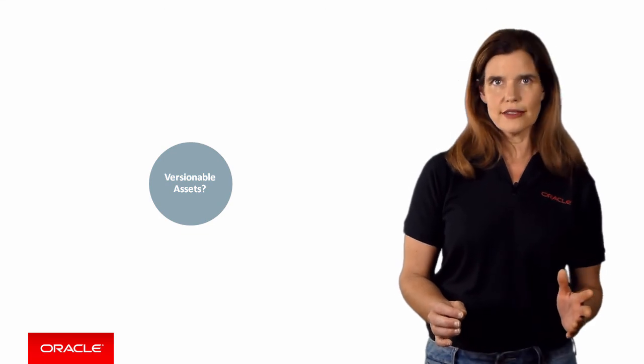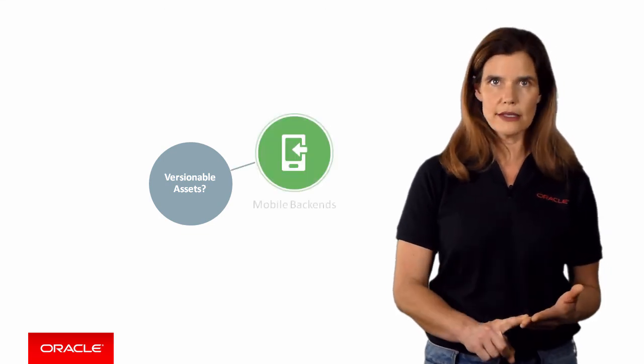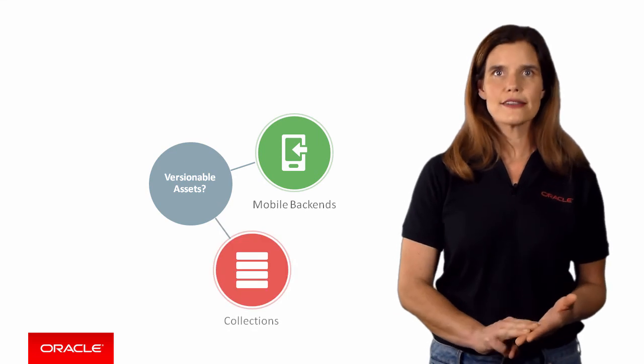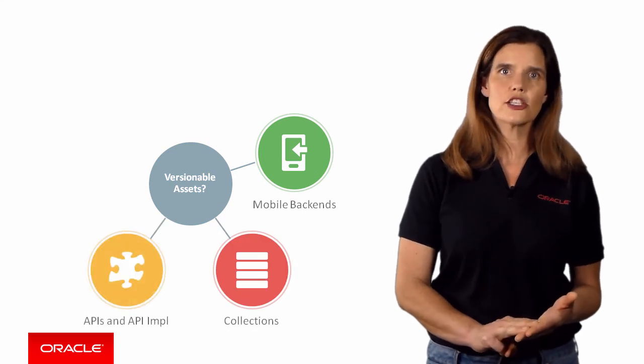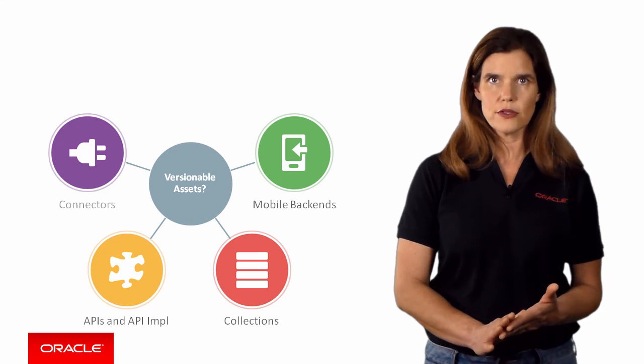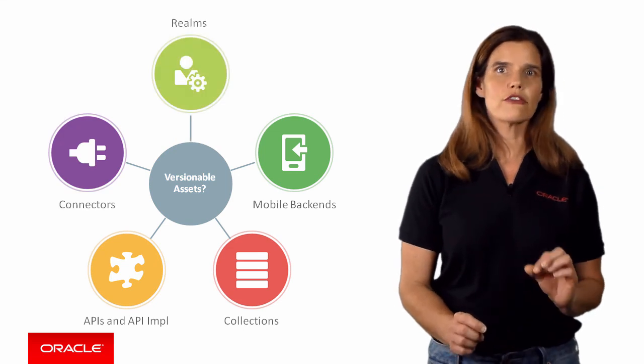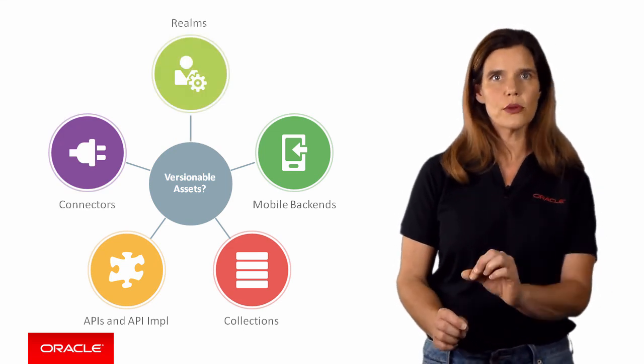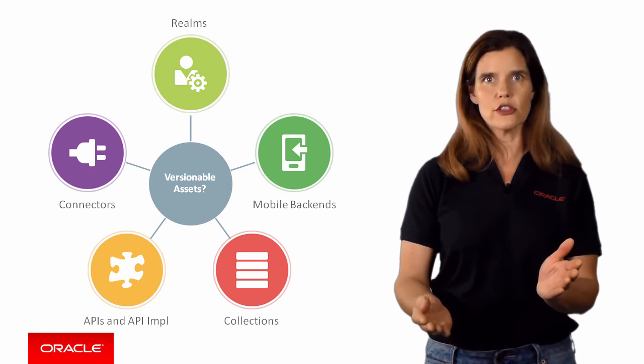The versionable assets in MCS include mobile backends, collections, custom APIs and API implementations, connectors, and realms. Each of these assets goes through the full life cycle from draft to published and deployed and can have major and minor versions.